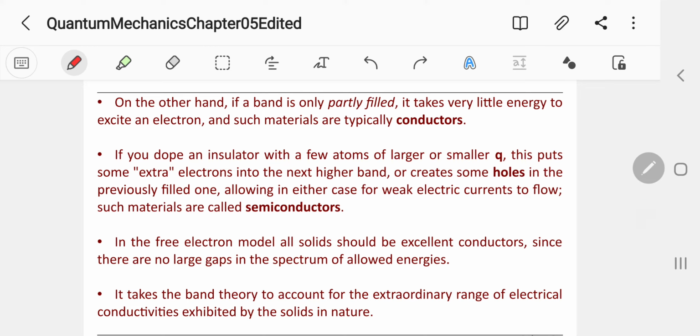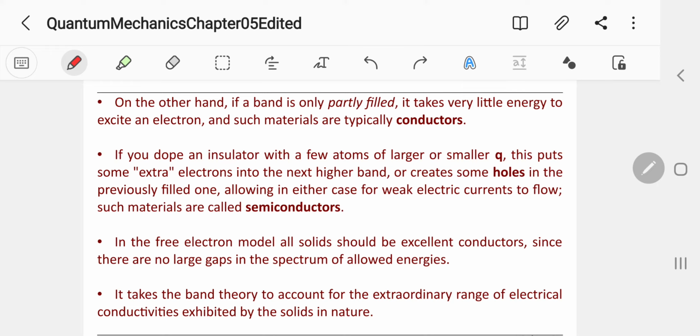If, on the other hand, a band is only partially filled, it takes very little energy to excite an electron, and such materials are typically conductors. So that's also the difference between conductors and insulators from a different perspective.